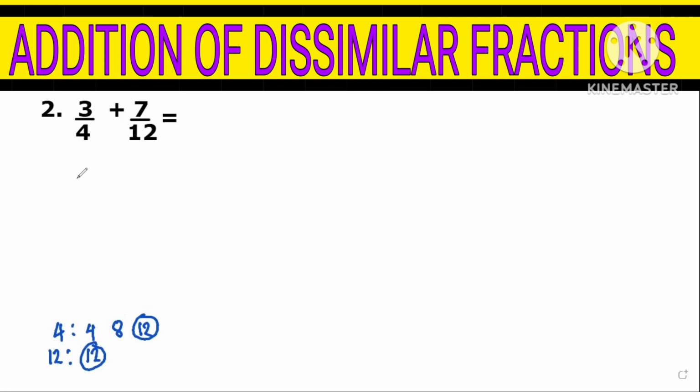Okay, now, taking the LCM as denominator, which is 12, we are now going to rename the equivalent fractions of 3/4 and 7/12. So, saan minultiply si 4 kaya naging 12? Sa 3. So, we do the same for the numerator. Multiply this by 3, we get 9. For 7/12, dahil 12 na ang denominator niyan, copy na lang.